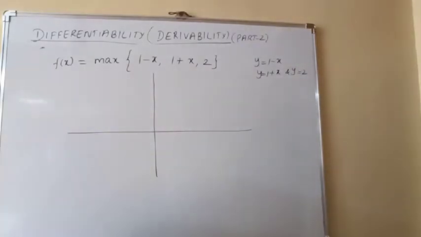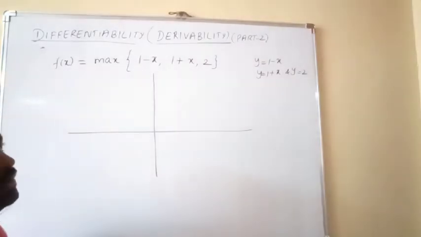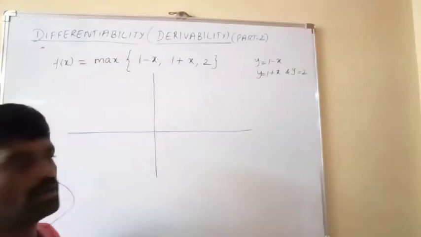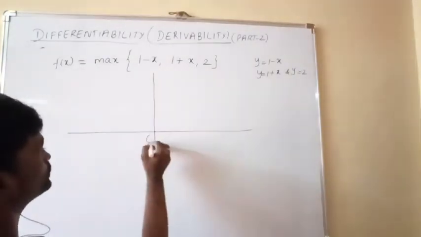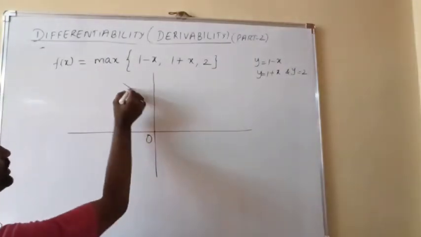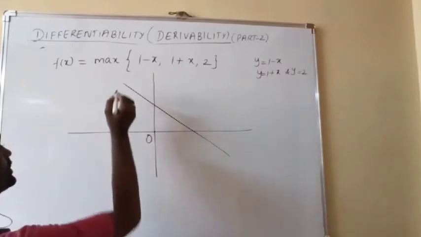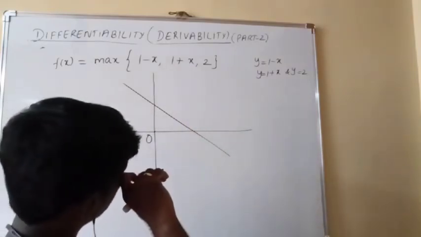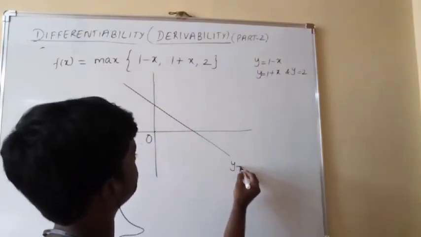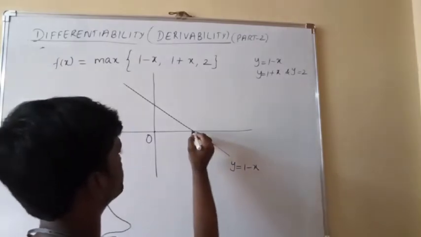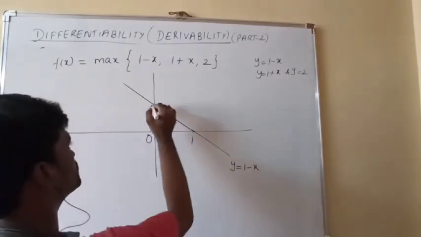Y is equal to 1 minus x is a straight line whose x and y intercepts are 1 and 1. So this will be the y is equal to 1 minus x graph.